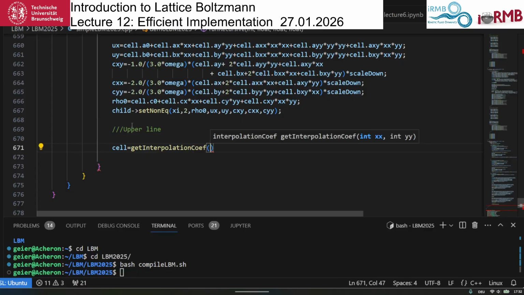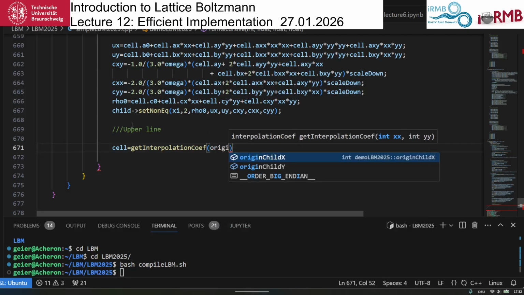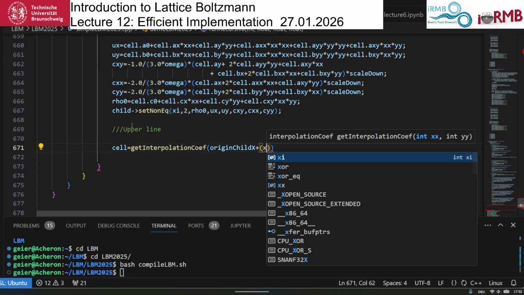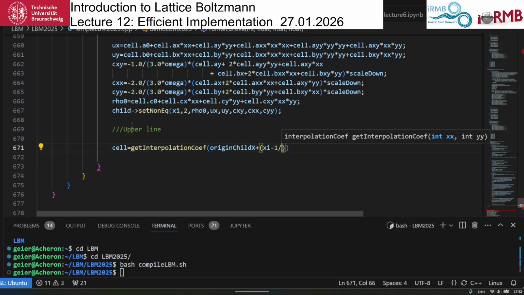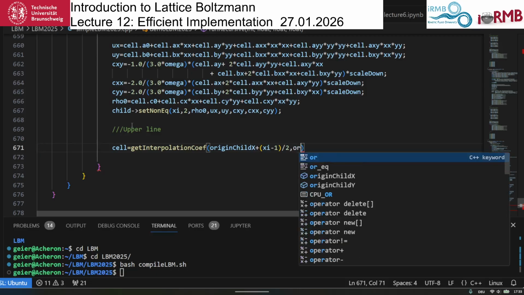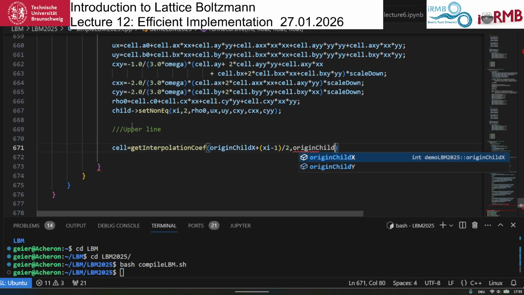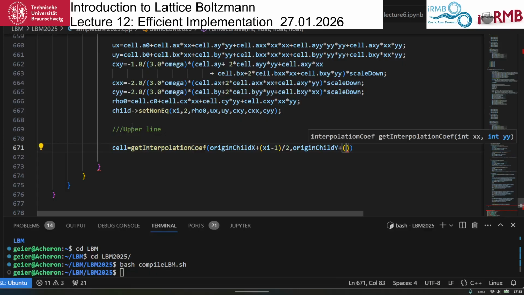So the origin x plus x I minus 1 and 1/2, and then I have to go to the other end, where we have origin child y plus the number of rows.